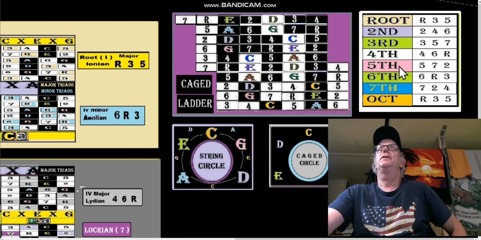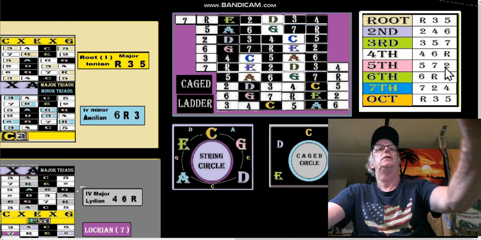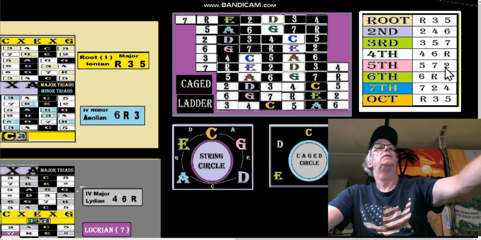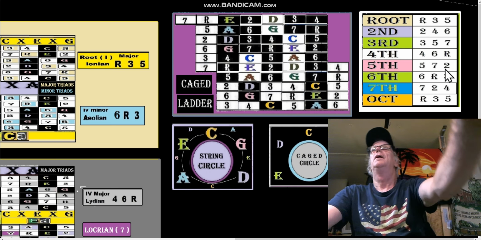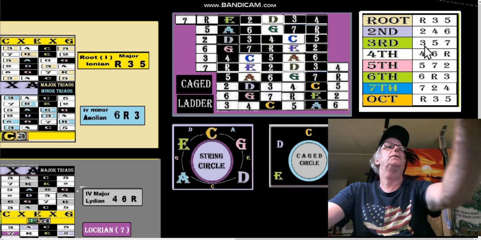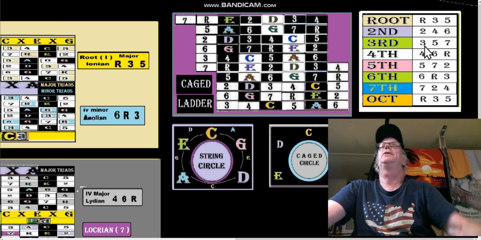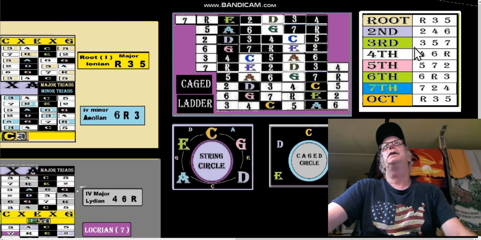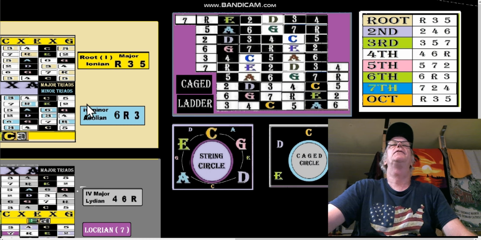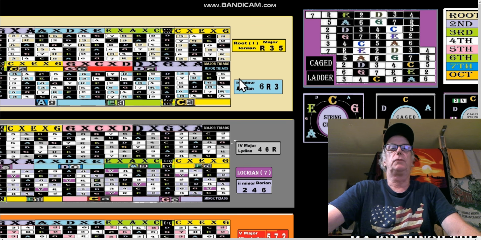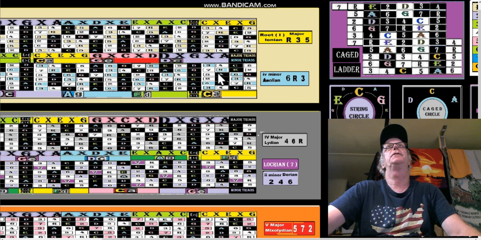The fifth and the third are parent and relative minor sixth pairs, 5, 7, 2, and then its third, 3, 5, 7. Those numbers are relative to the root key.